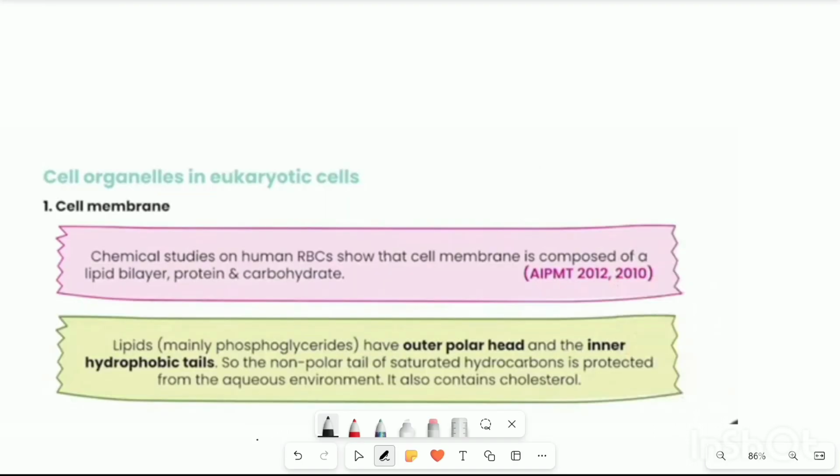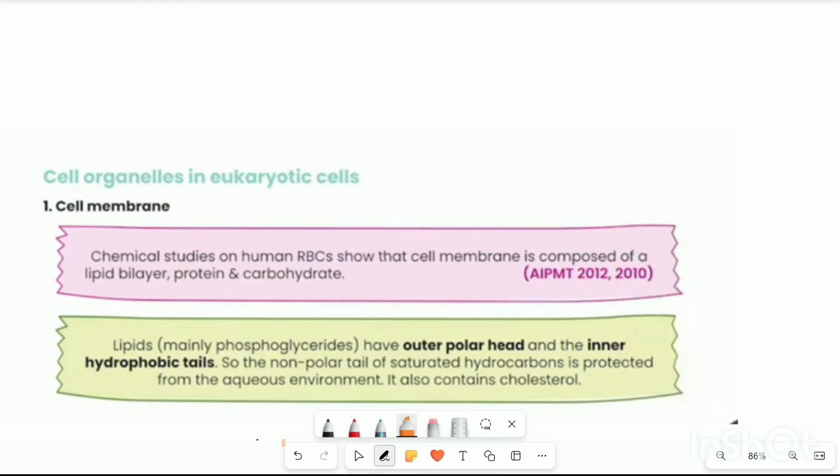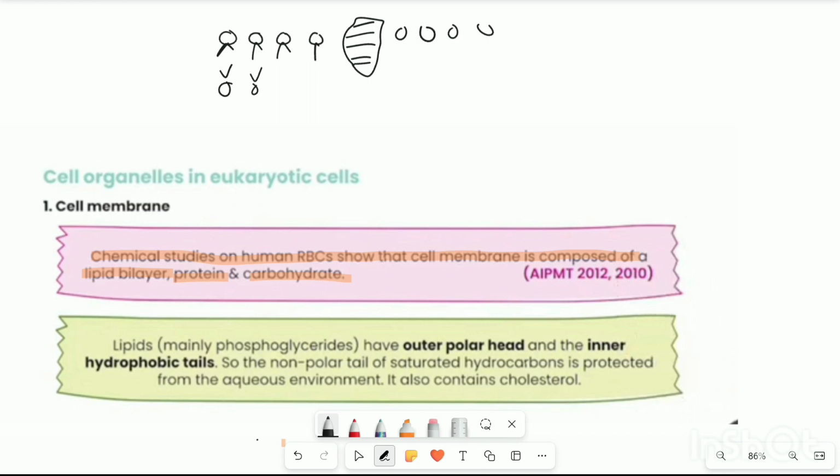Let's move further. Now next, cell organelles in eukaryotic cell. First is cell membrane. A chemical study of human RBC shows that all cell membrane is composed of lipid bilayer, protein and carbohydrate. Suppose this is what we have seen in lipid bilayer. This is lipid bilayer.